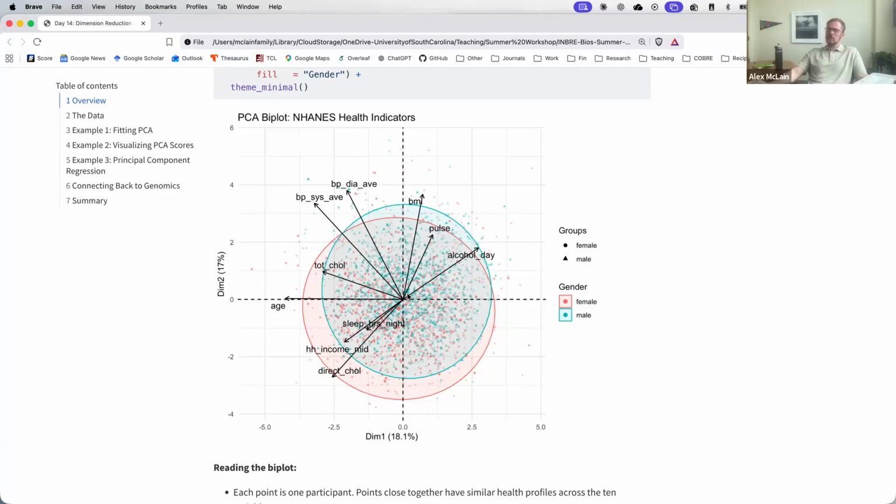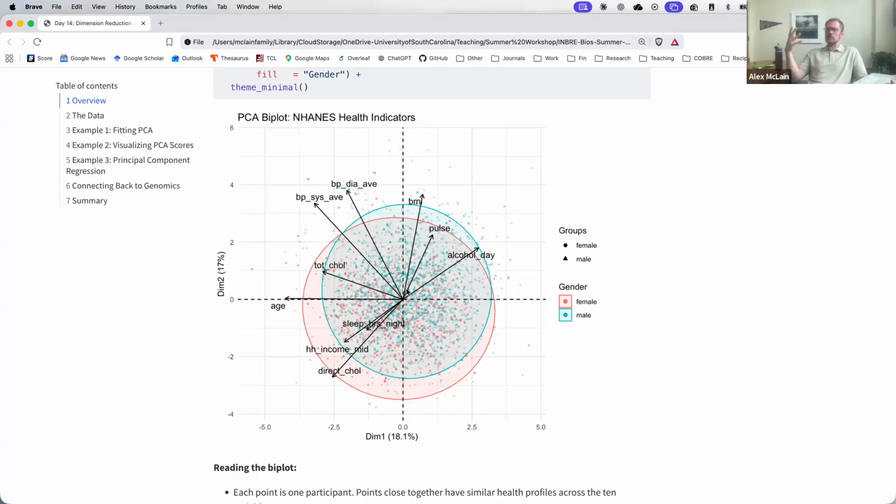So males, the PCA1 score is maybe on average a little bit higher than for females, not too much though. For females, the PCA2 score is a little bit lower than for males. Also, females seem to have more variability in their PCA1 and PCA2 scores.